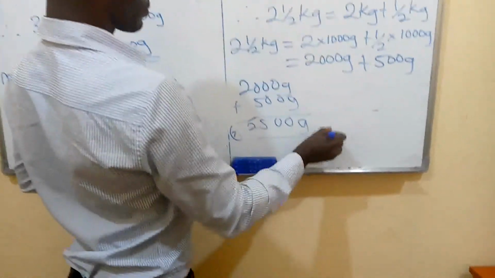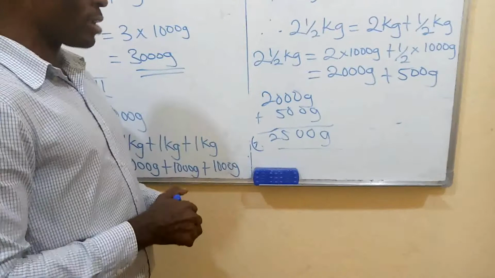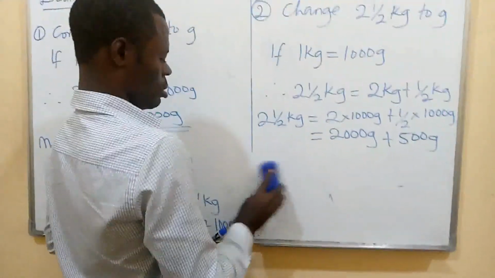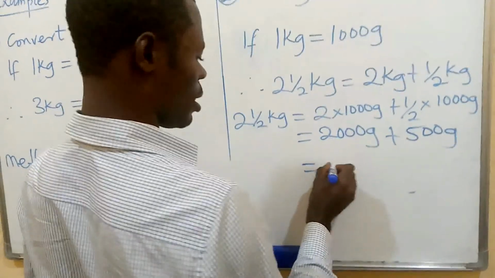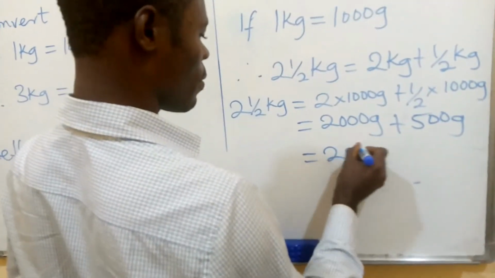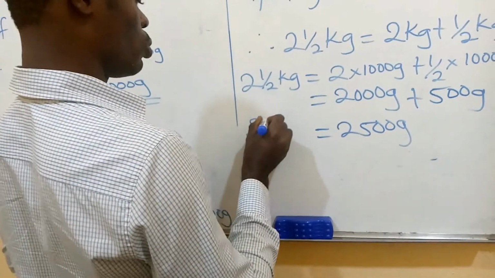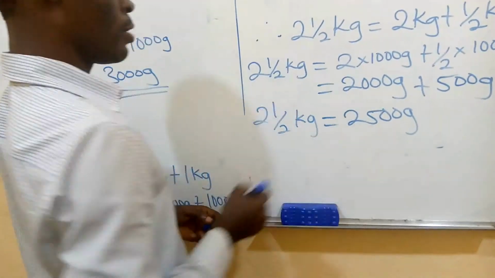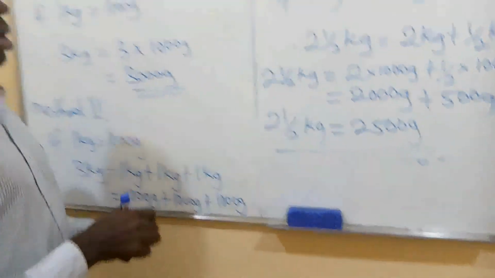So 2,000 grams plus 500 grams gives us what? 2,500 grams. So now our final answer is what? 2,500 grams. That is from 2.5 kilograms. We have 2,500 grams. That is our final answer.